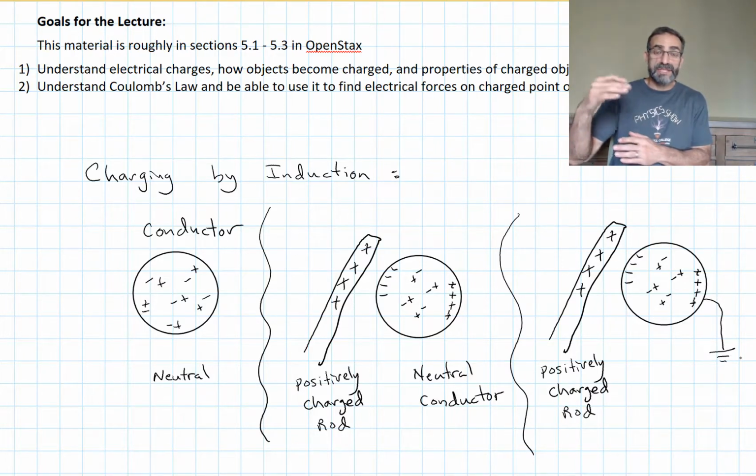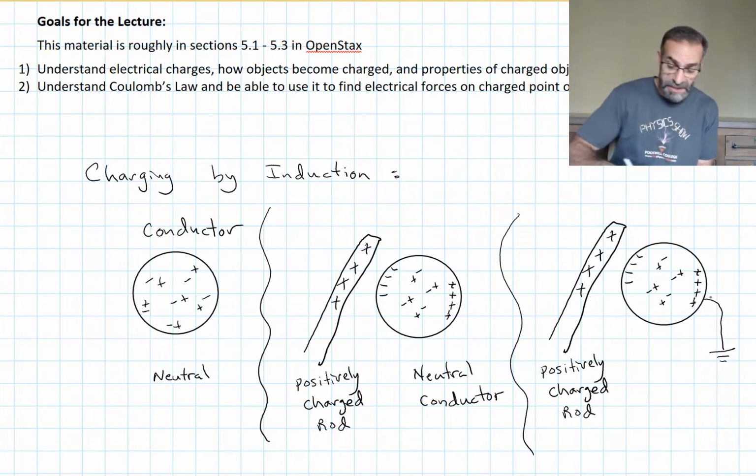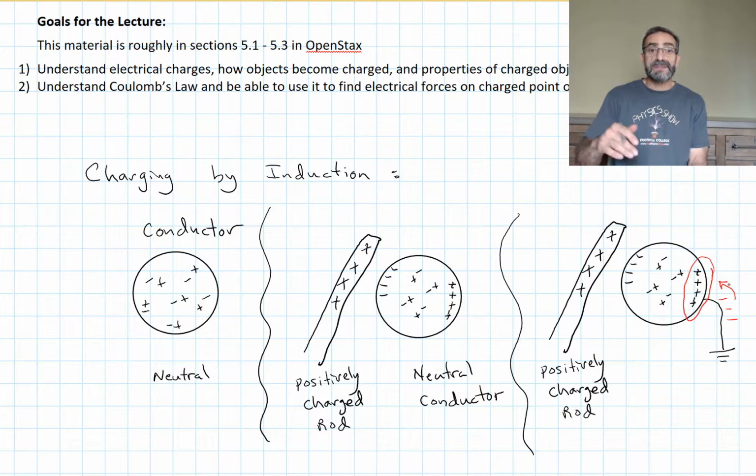They're attracted to the positive charges over here. And so we're going to get electrons that come up and add to the sphere until they exactly cancel out those positive charges on the right side of the sphere.